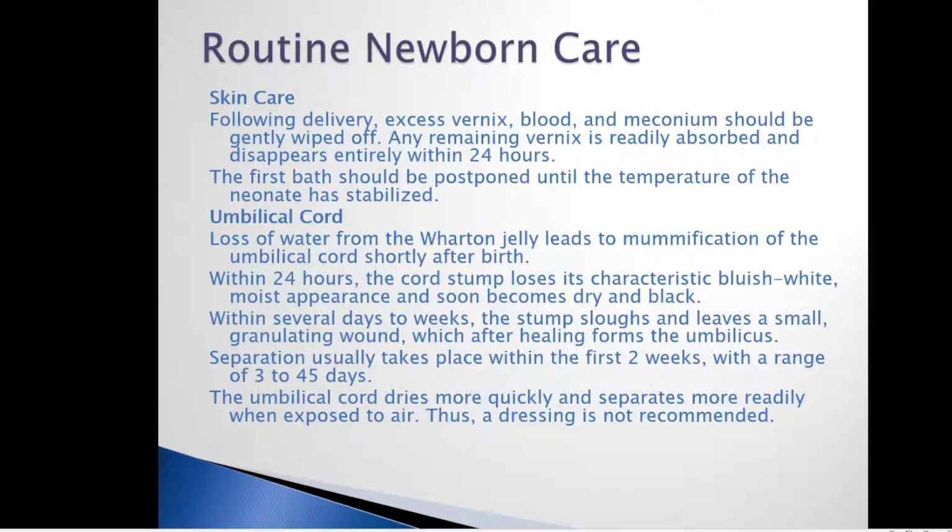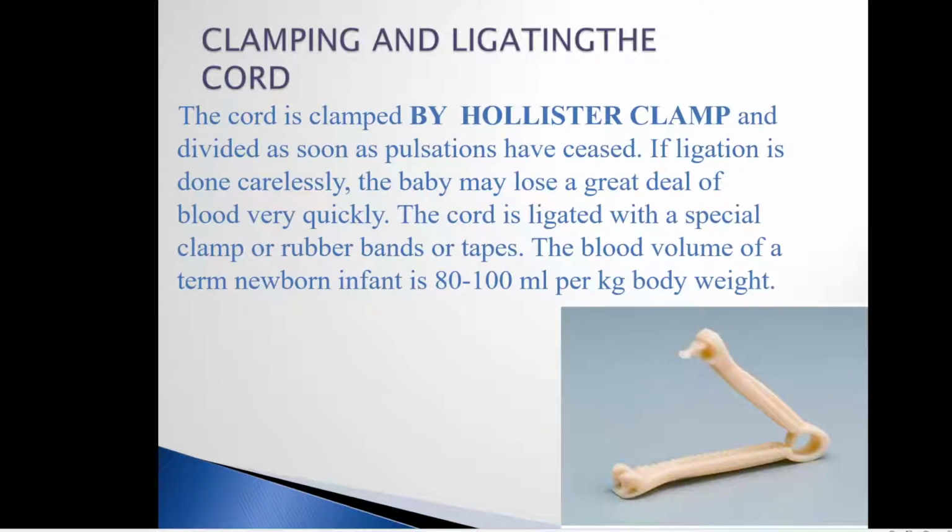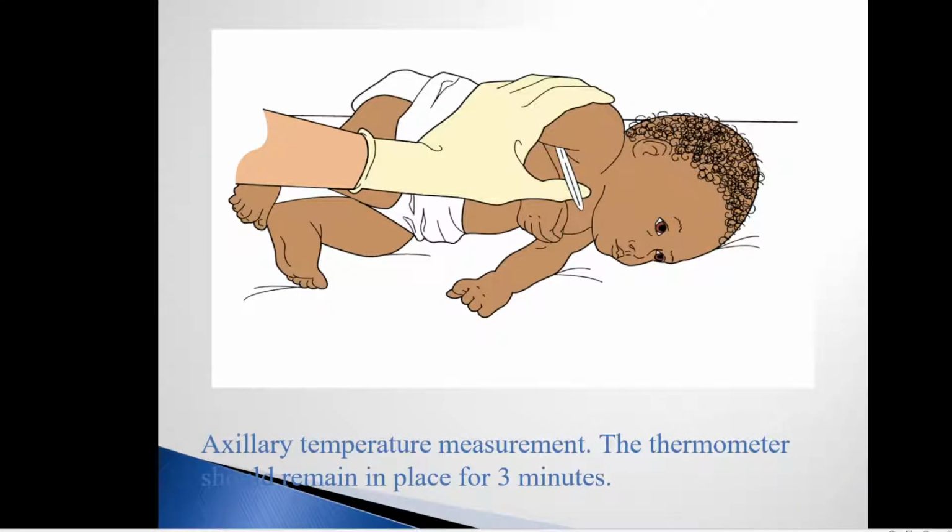The umbilical cord dries more quickly and separates more readily than when not exposed to air. We use different clamps for clamping the umbilical cord. Axillary temperature measurement is an obligatory manipulation.